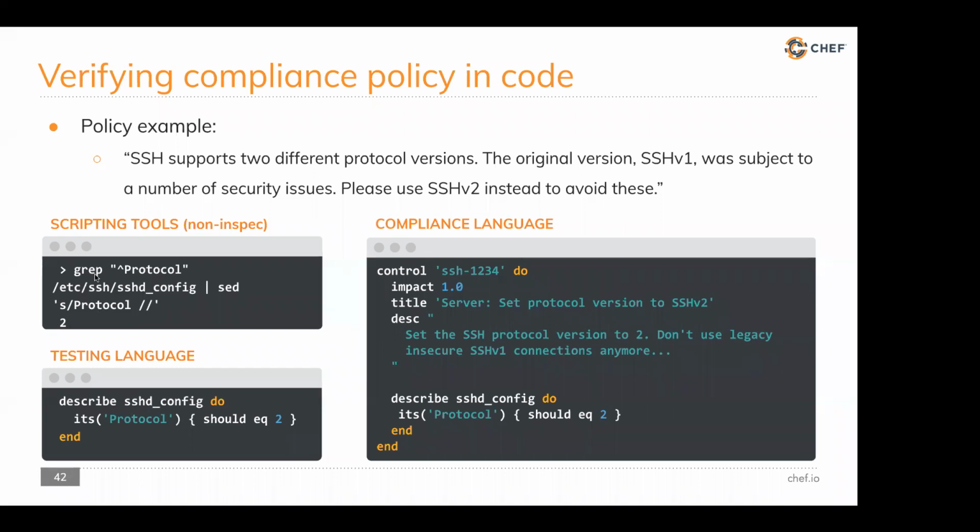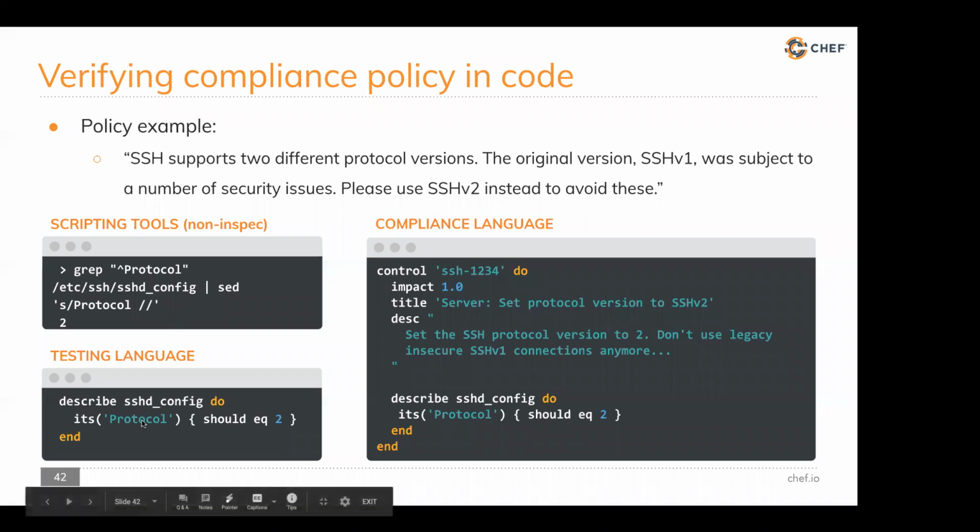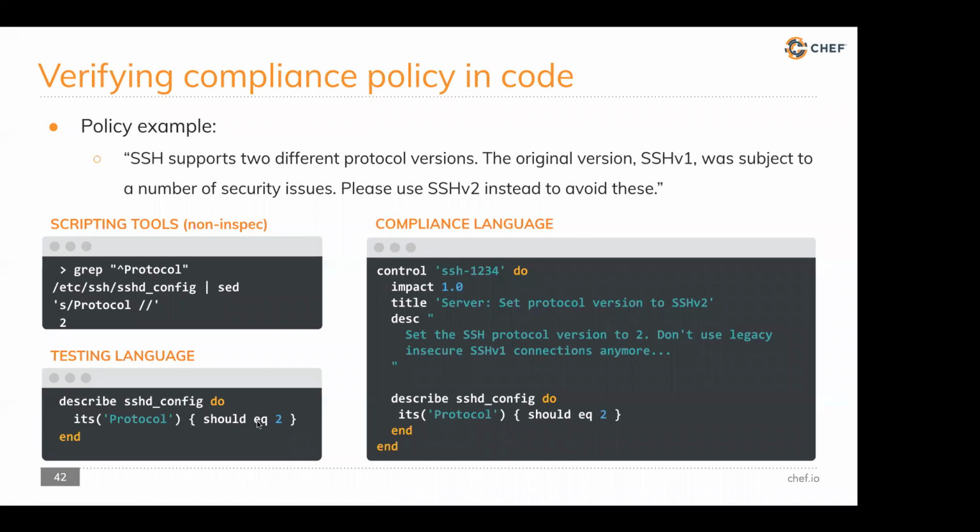I could use Linux tools like grep and sed to get a pass or fail. But we really want to make that more robust and work across more operating systems. So on the InSpec side, we turn that into a resource that knows, based on operating system, where the file is, what the format of the file is, and lets us use some nice comparators to define what our test should be.